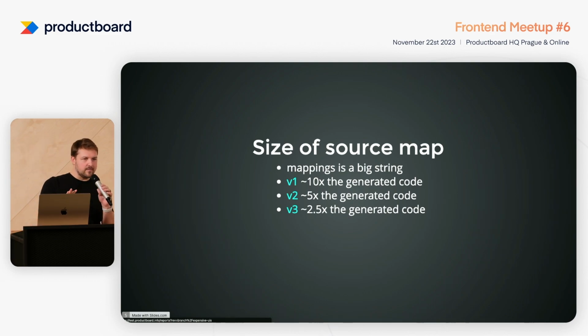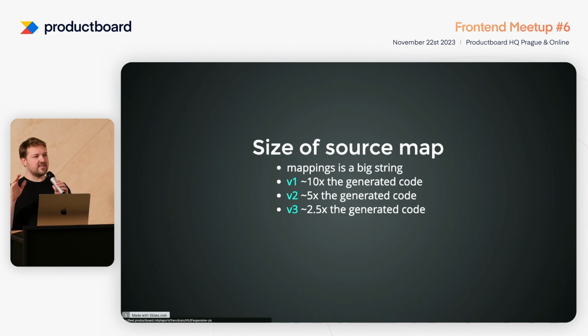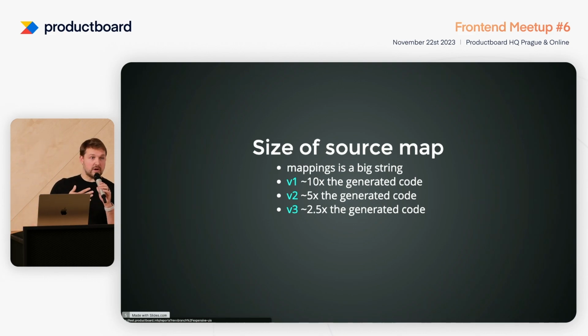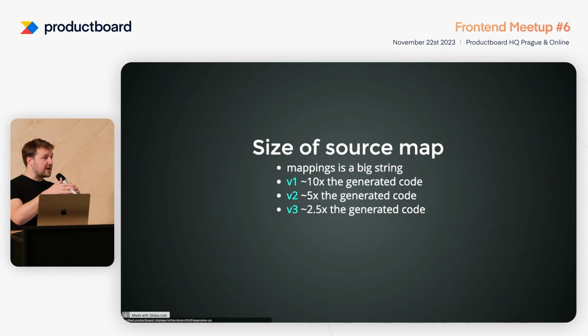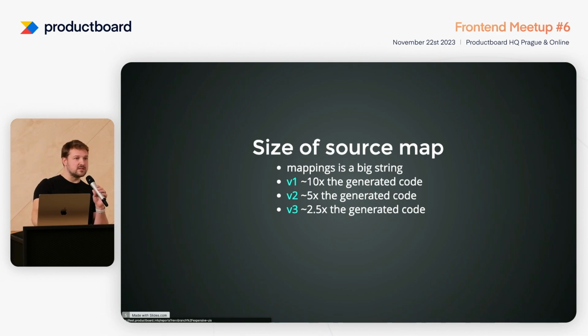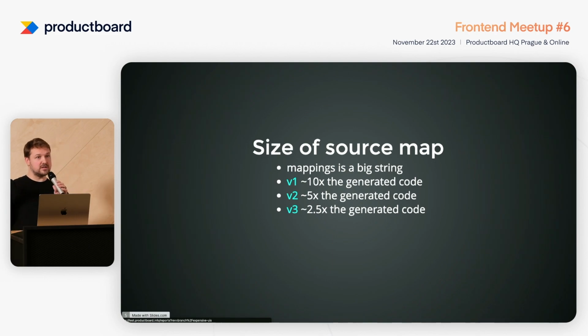In version 1, source maps were 10 times bigger than the generated code. That means, for example, when I joined Productboard, our bundle size was 10 megabytes, so the source map for such a bundle would be 100 megabytes. And that's huge, right? Because you have to store it somewhere, maybe it has to be built somewhere, even during the build process and so on.